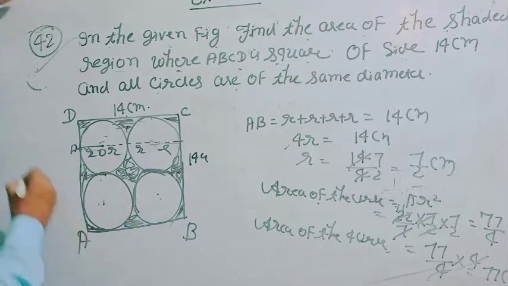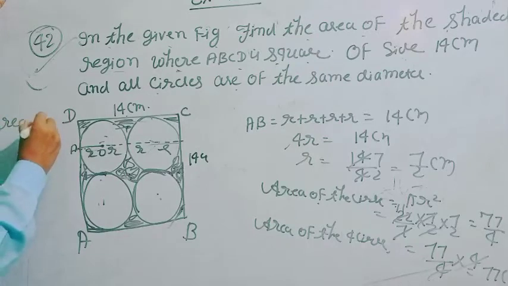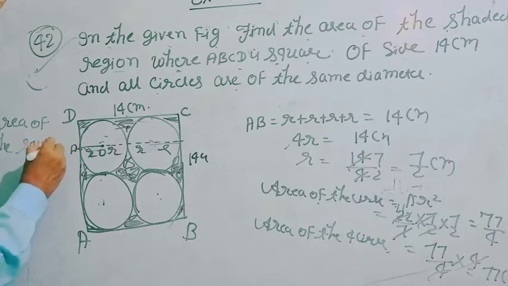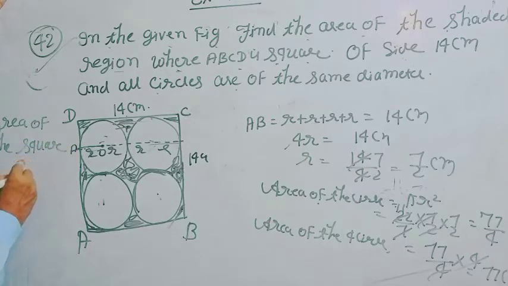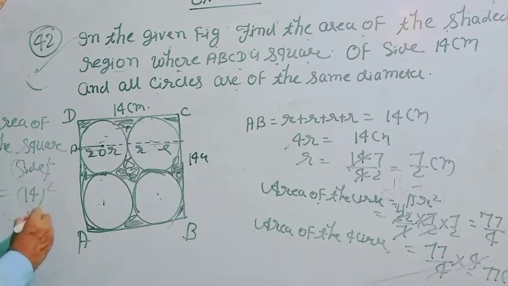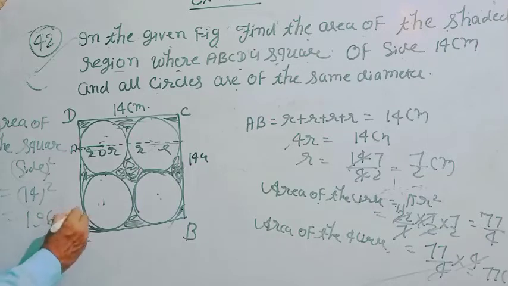What is the area of the square? Area of the square is equal to side square. Then here is 14 square, 196 cm square. It is the area of the square.